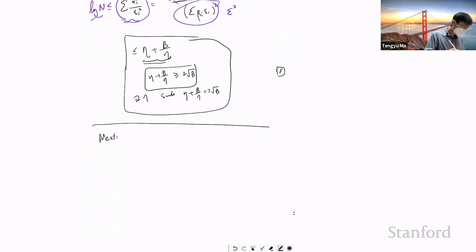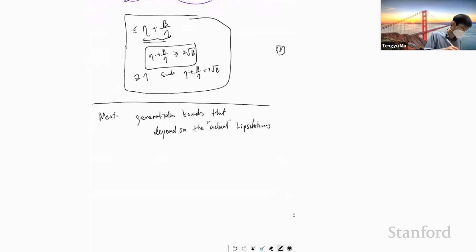So next we're going to have generalization bounds that depend on the actual Lipschitzness. And I'm going to argue that the Lipschitzness we had before was only an upper bound, right? Before we have this, right?